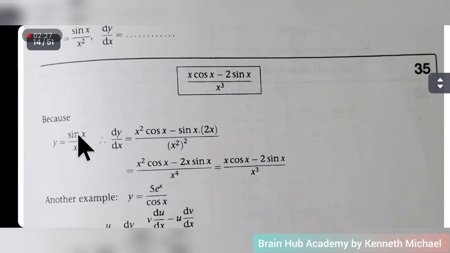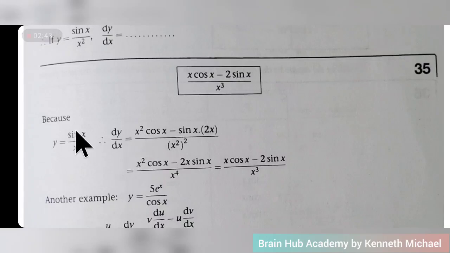You can write this down somewhere so that you can be looking at it while I explain. Now sine s is our u, s raised to power 2 is our v. So we should keep our v, then differentiate u. This is our v, we keep it as s square.